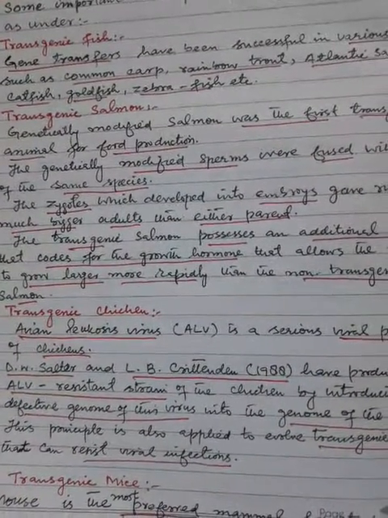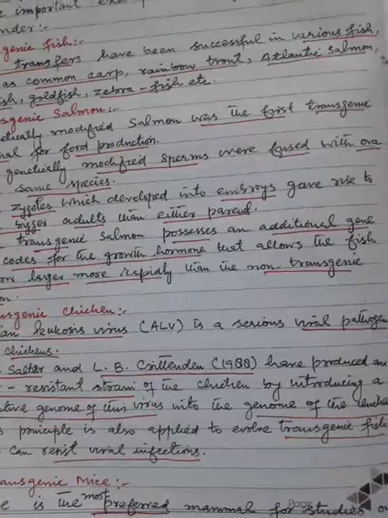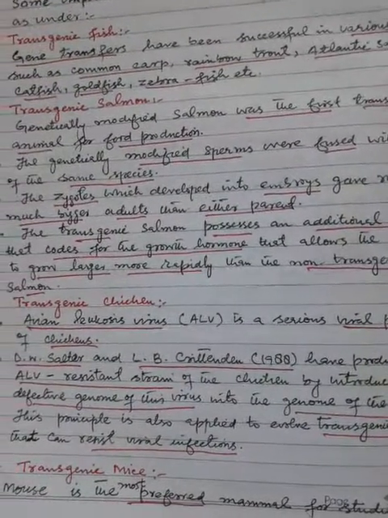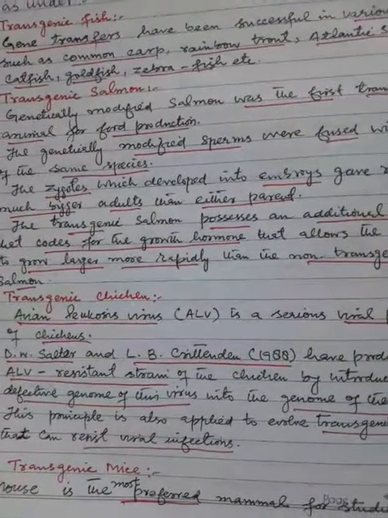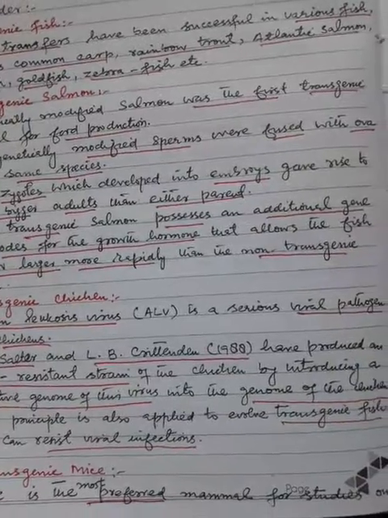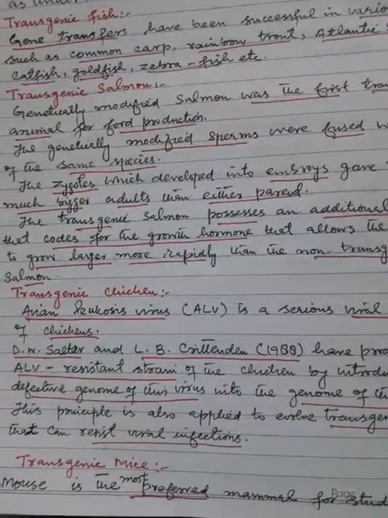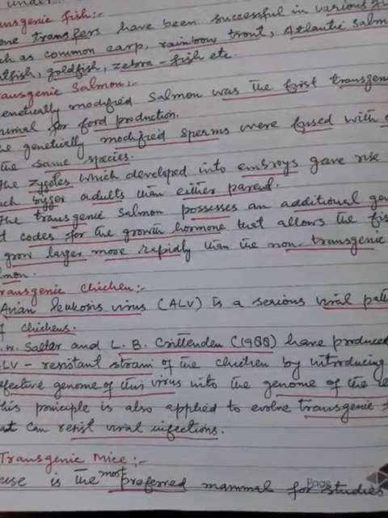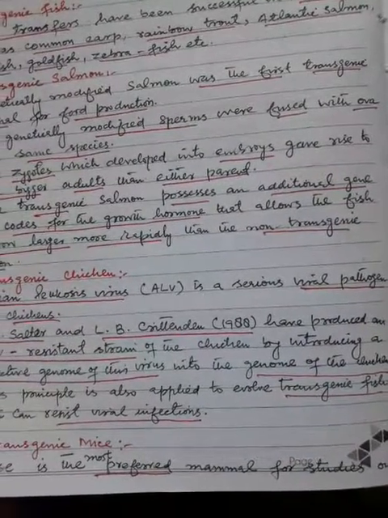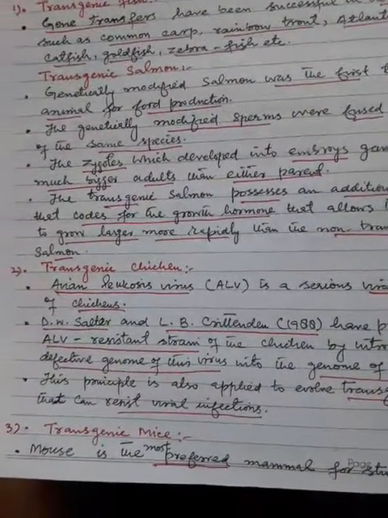The transgenic salmon possesses an additional gene that codes for the growth hormone that allows the fish to grow larger and more rapidly than the non-transgenic salmon.